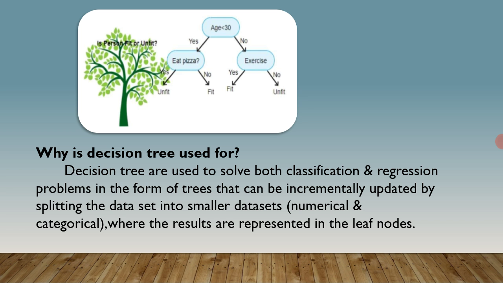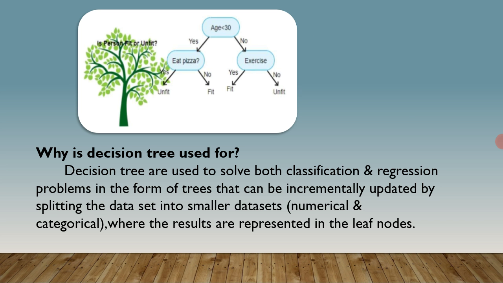We check whether he eats pizza. Here also there are two outcomes. If the person eats pizza, then he is unfit. Otherwise, he is fit. Next, if a person's age is not less than 30, then we have another test. We check whether he does exercise. If yes, he is fit. Otherwise, he is unfit. This is the example for a decision tree.